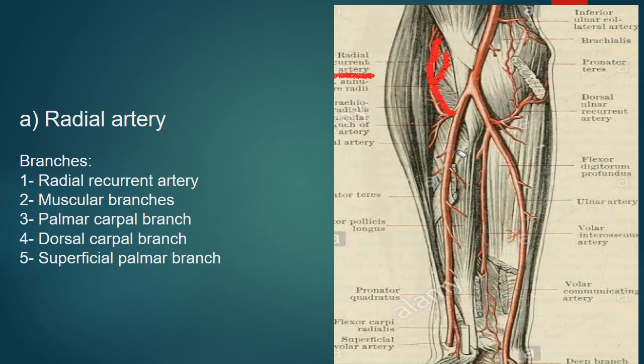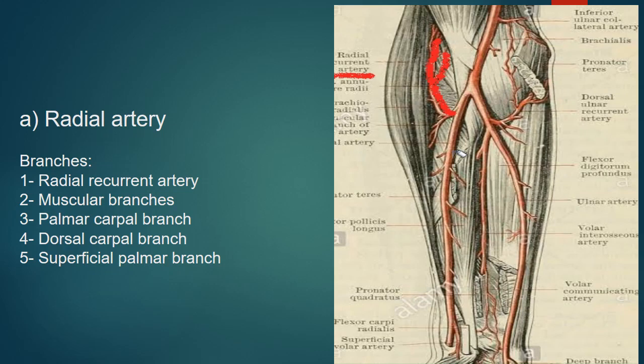This radial recurrent artery ends by anastomosing with the radial collateral artery, which in turn is a branch of profunda brachii artery. If you remember, I told you in my lecture of brachial artery that the profunda brachii artery divides into two branches, radial collateral artery and the middle collateral artery.